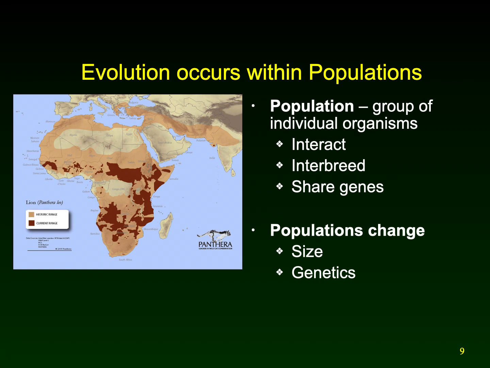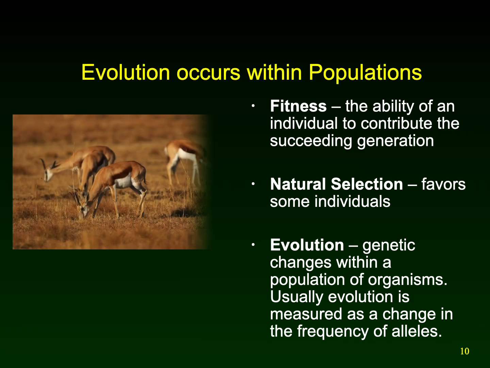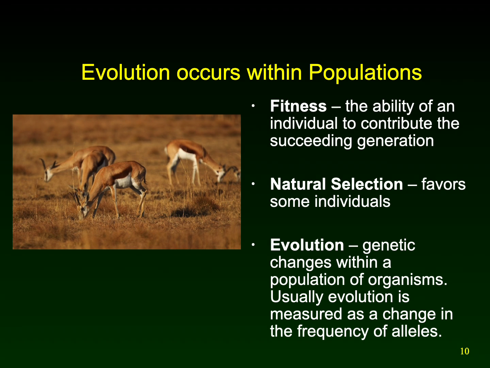But something we didn't really recognize until recently was that the genetics of populations can change just as dramatically as the size of the population. And so this shows the changes in size and population over time, but we can also see changes in the genetics. And so I have a couple concepts to introduce.